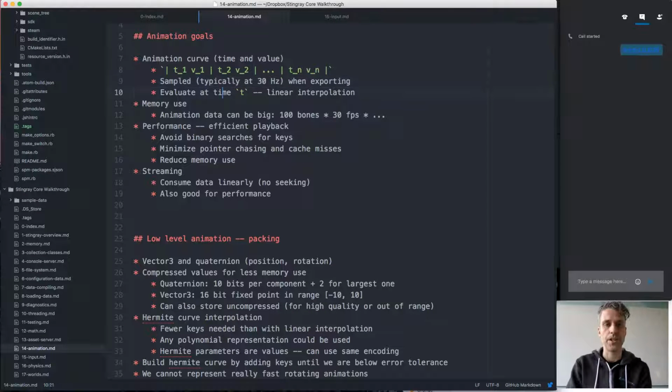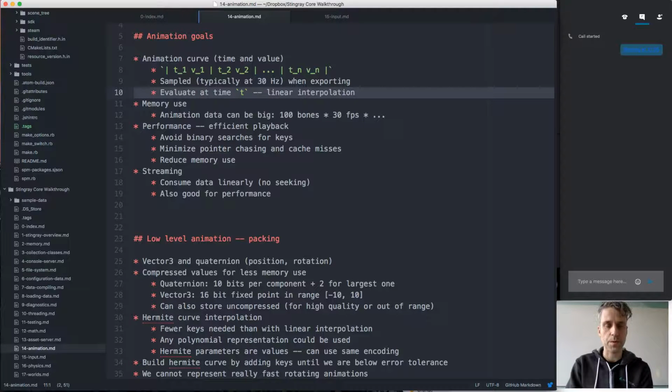And then we want to evaluate this data at some point in time t, which might not fall exactly on one of the timestamps in the sample. It might be in between those, but then we can use linear interpolation to find the value we want between these fixed keyframes that we have sampled.